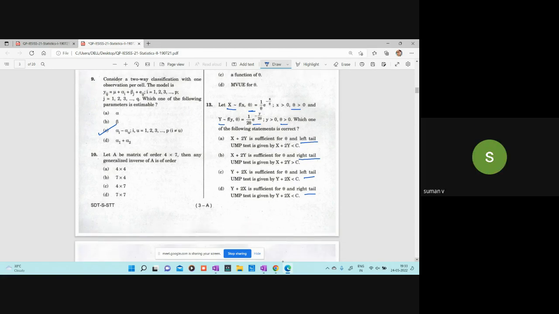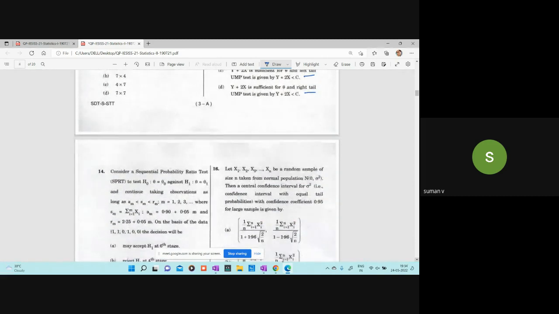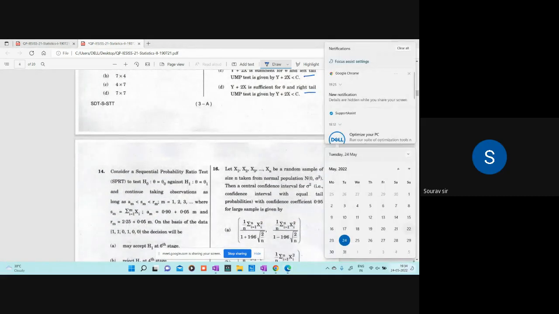Ma'am, here we can't estimate a single parameter like alpha and beta, but we can change the value of this. D? Not estimable, because we have to add mu also. Good.